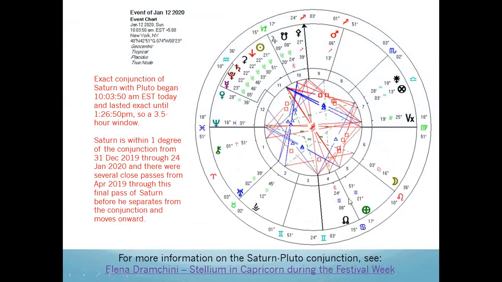Cancer Capricorn. Now, I want to say that Elena did a really good job in her presentation for the festival week of New Group of World Servers when she talked about the stellium in Capricorn. Those of you who haven't seen that yet, I would like you to look at it.